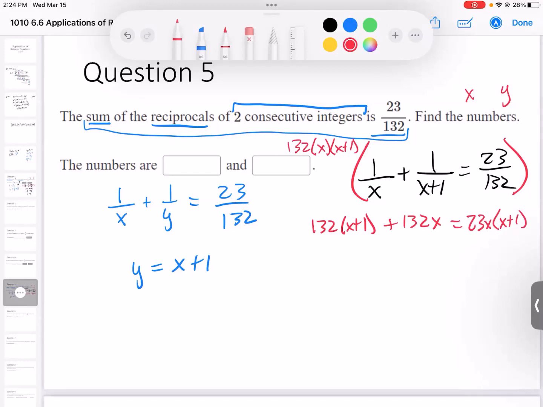Then I can simplify this by getting rid of the parentheses. So I get 132x plus 132 plus 132x equals 23x times x, which is 23x squared, and 23x times 1 is just 23x. So that's my equation.